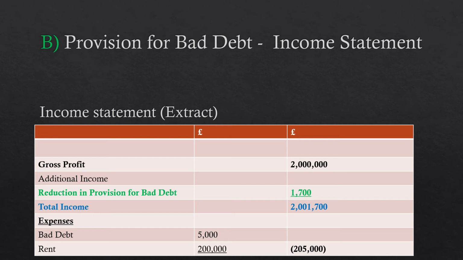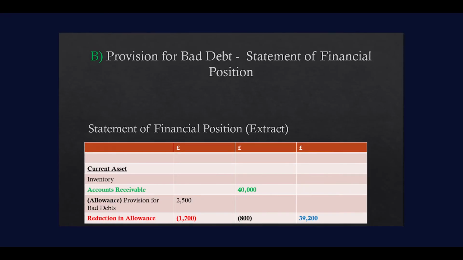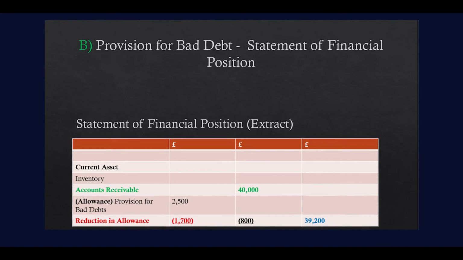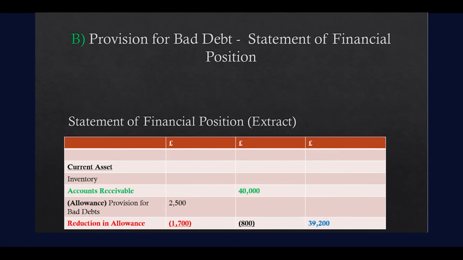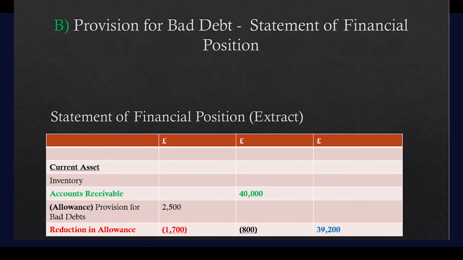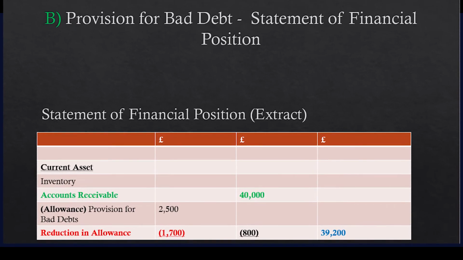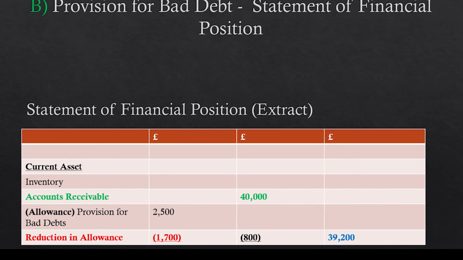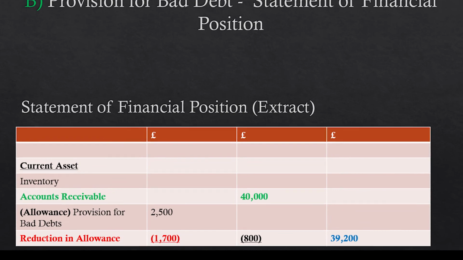We subtract it from the income. In terms of the statement of financial position, we have the 40,000, and then we need to make the adjustment accordingly. The current provision going forward would be the 800, and so 800 would be subtracted from the 40,000.